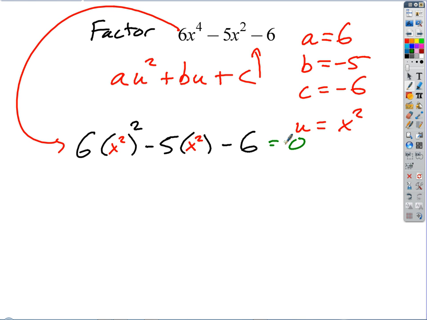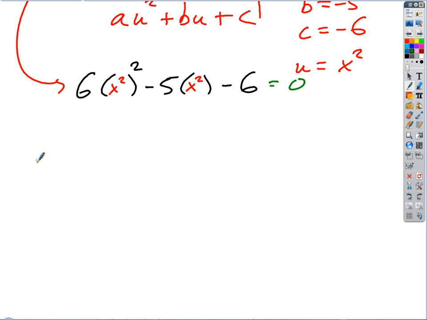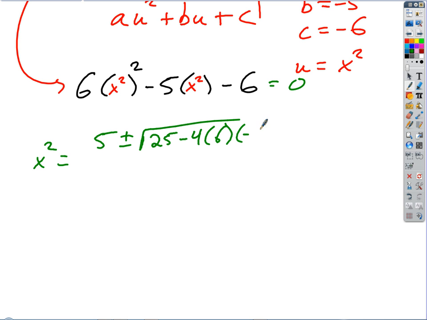If this thing were actually equal to 0, to solve this, all I would have to do is use the quadratic formula, but instead of x equals, it'd be x squared equals negative b, plus or minus, etc. Negative b would have been 5 plus or minus the square root of b squared, which would have been 25, minus 4 times 6 times negative 6, all divided by 2 times 6, which is 12.